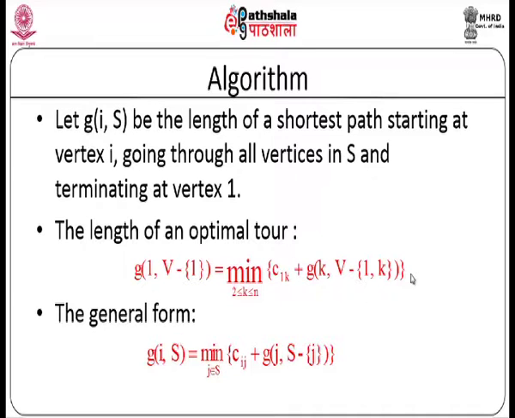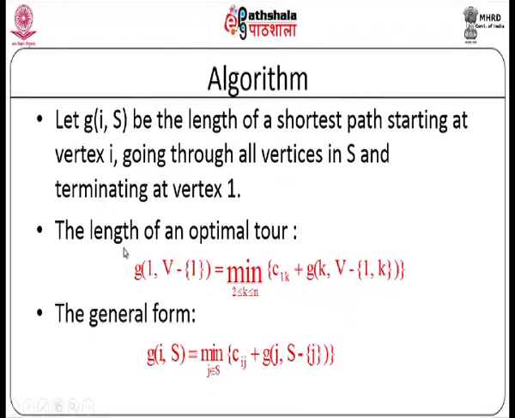So, the core idea is going to be like this. I am going to find g of I comma S. This is going to be the length of the shortest path starting from the vertex I, going through all the vertices in S and terminating at vertex 1, which is considered to be the source or the home city of the salesperson.